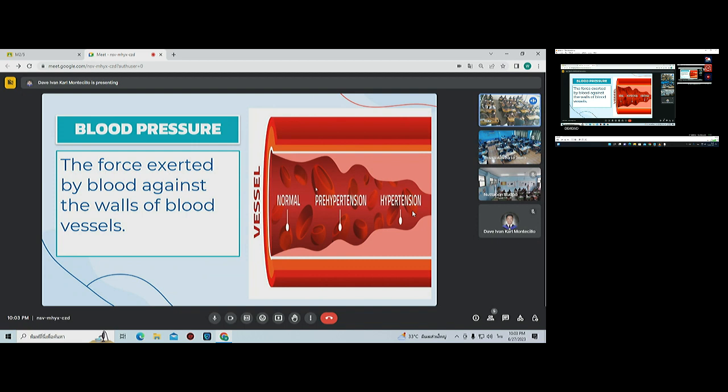So it means it's high pressure. We're going to talk about it later. So that is your last word for your vocab, blood pressure.